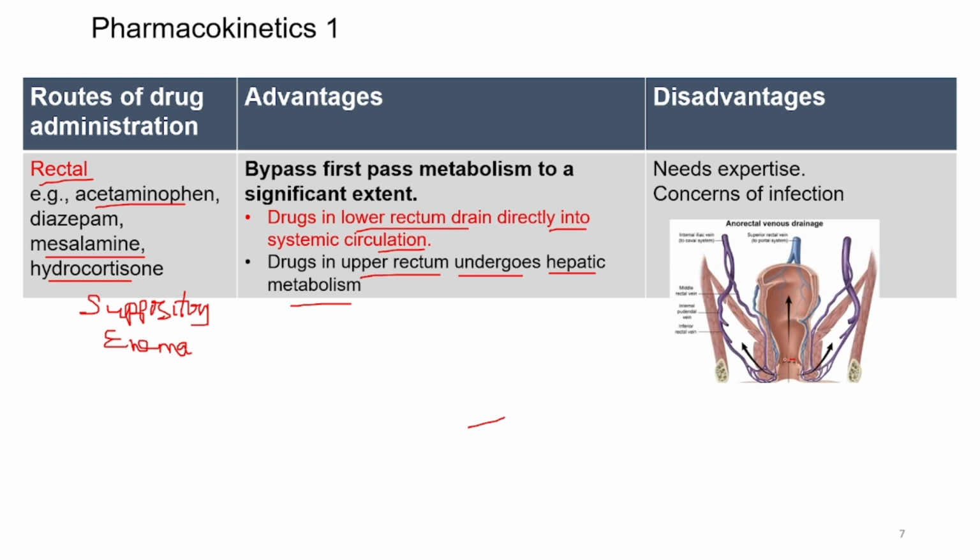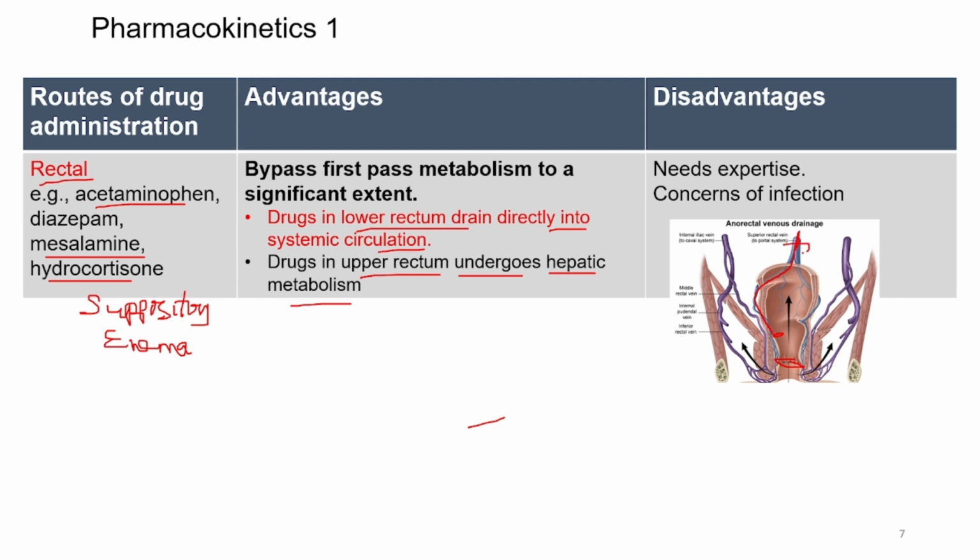This is the pectinate line. As you can see here, the veins from here, the light blue, are carried to the portal vein and then to the systemic circulation.